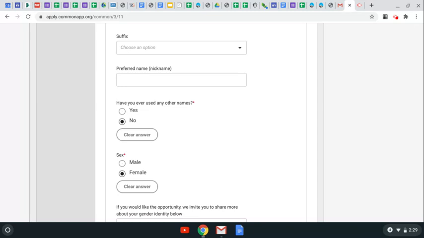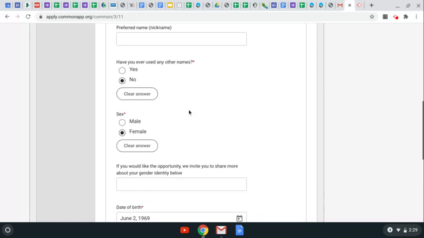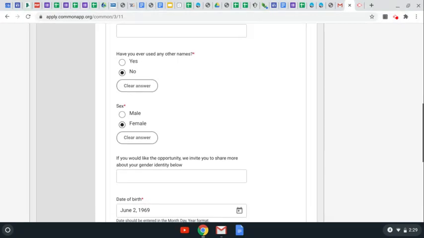There are some questions in this portion of the application that you do not need to answer, and it's your choice. The sex question, that is the sex that you were born as, and you're required to fill this out, either male or female. However, down here you can explain a little bit more about how you identify yourself, your gender identity.